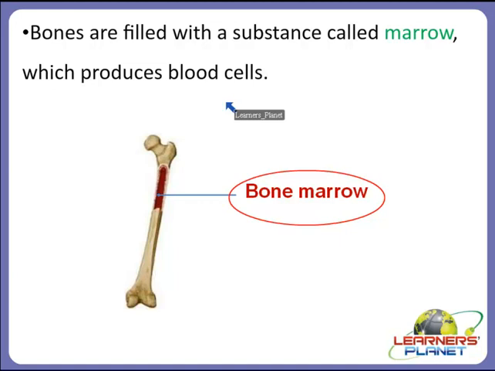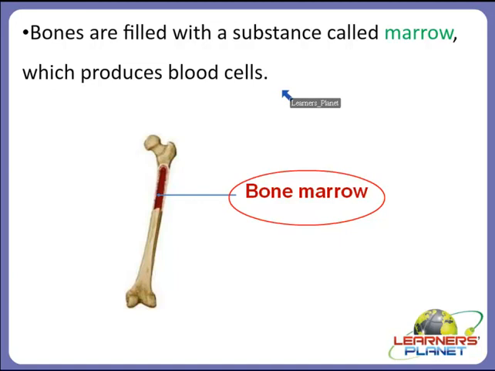It also protects the delicate and vital organs of our body like the heart, brain, lungs, etc. It also helps in movement and locomotion. And lastly, some bones of the skeletal system contain bone marrow, which produces blood cells, specifically red blood cells.